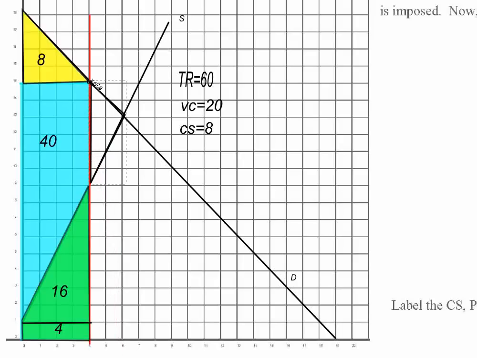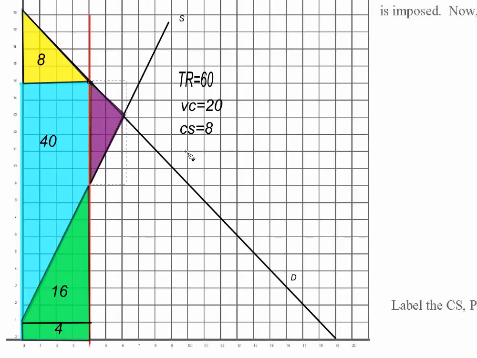Let me color that purple here. And now this total surplus triangle, let me make that a little transparent so we can see behind it. The area is going to be 1/2 times, let's call this the base, 1, 2, 3, 4, 5, 6, so 1/2 times 6 times 2. 6 times 2 is 12.